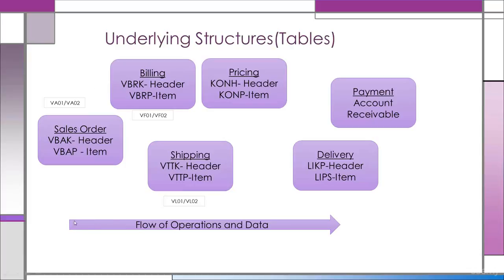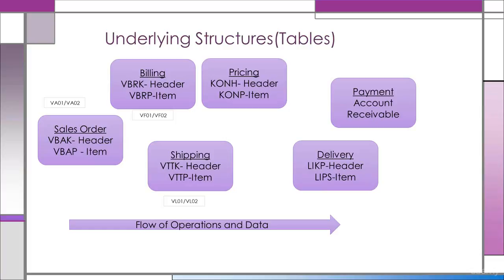The operation goes from left to right. First, there is something called VA01, VA02. VA01 and VA02 are the processes for the sales order, and the sales order information is stored in the tables VBAK and VBAP.